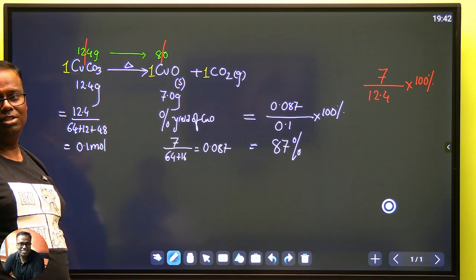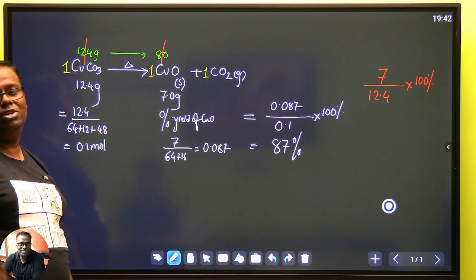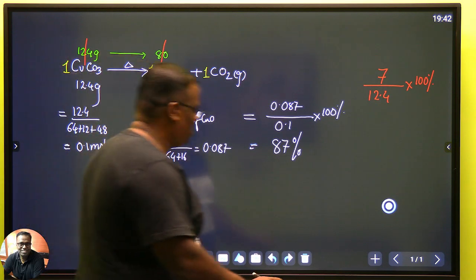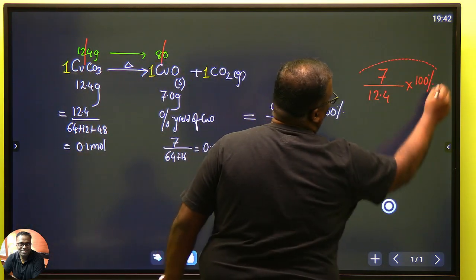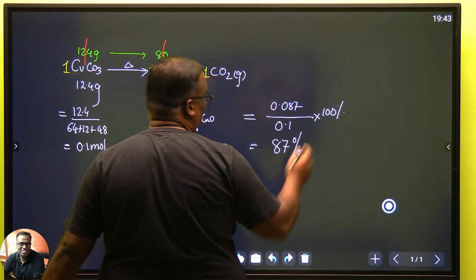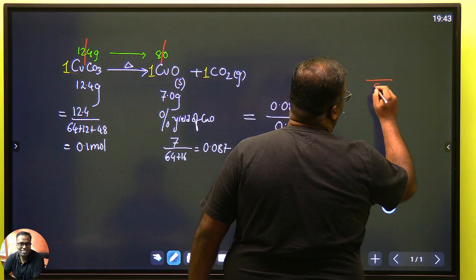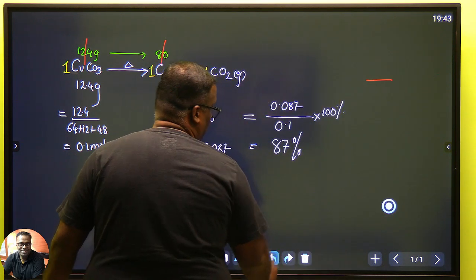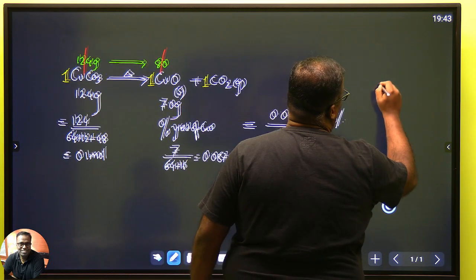So 7 divided by 8 into 100% should be the calculation. The calculation should not be this. If you calculate with mass, it should be done like this. How will you calculate? Full marks for copper oxide was how much? Full marks was 8. I should have got 8 grams.